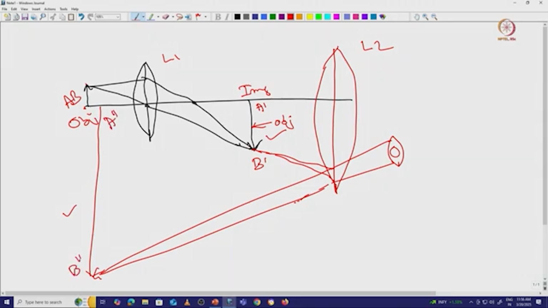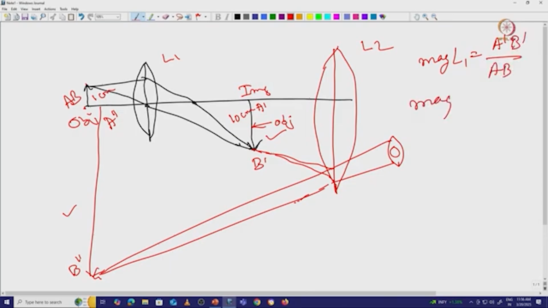Now if we want to calculate the magnification, as I mentioned previously, if this is 1 centimeter and this is 10 centimeter, your magnification will be 10 centimeter divided by 1 centimeter. So the magnification of lens 1 will be A prime B prime divided by AB.